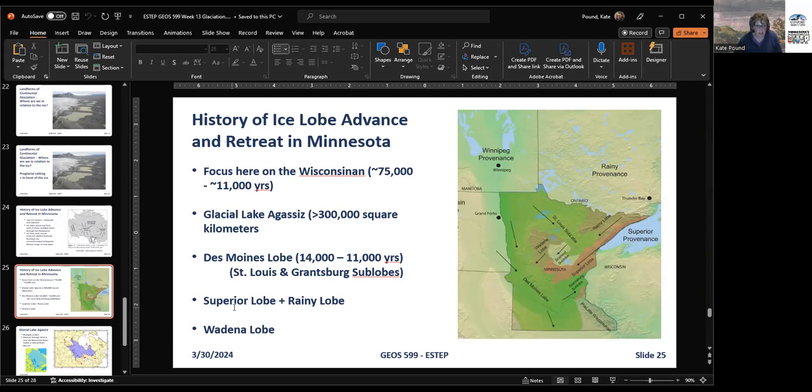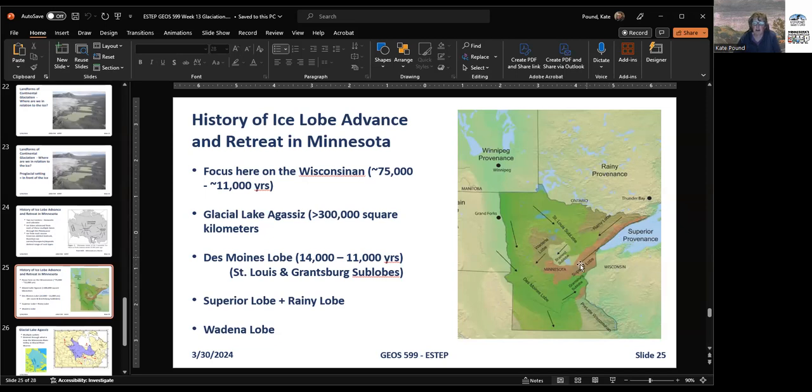As we go back in time, there's the Superior lobe and Rainy lobe. The Superior lobe effectively moved through what is now Lake Superior. It gouged out all the volcanic and sedimentary rock related to the mid-continent rift. There was already a slight depression there, which facilitated the movement.